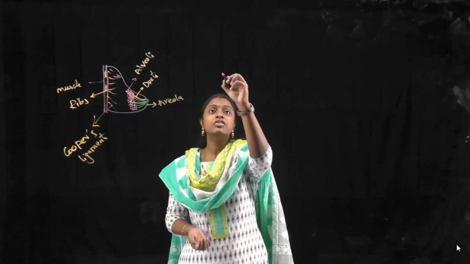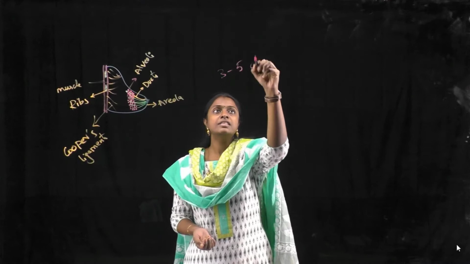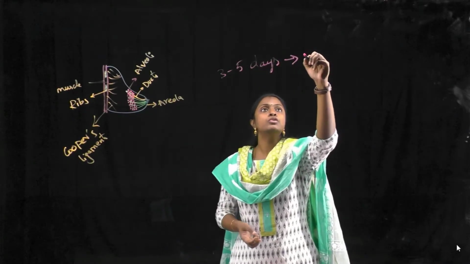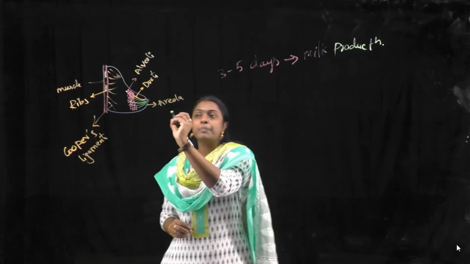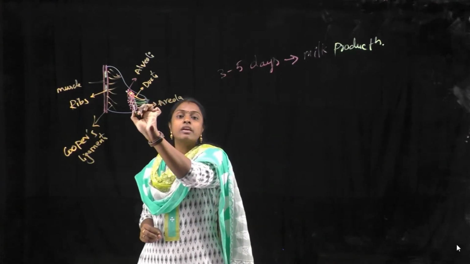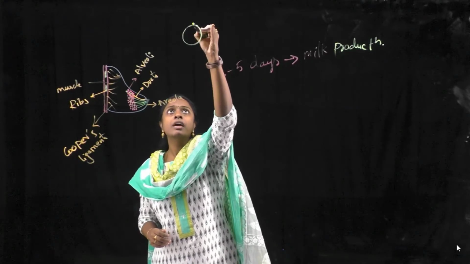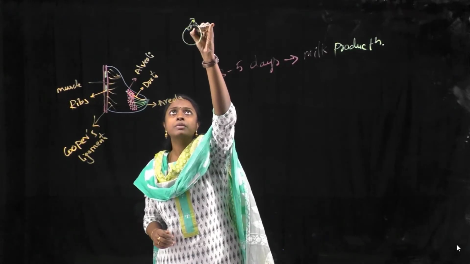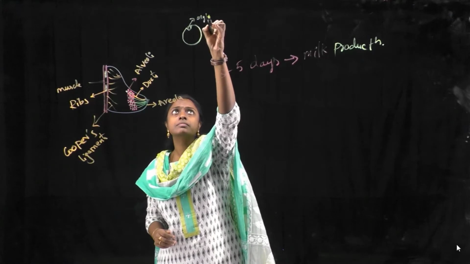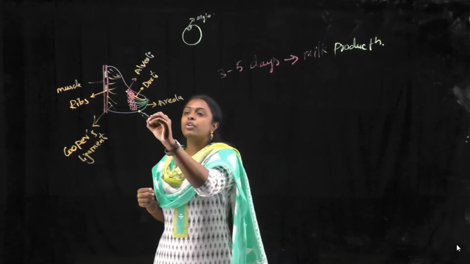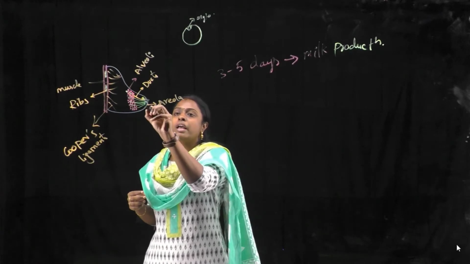But after 3 to 5 days, milk will start to be produced. You will have some receptors in this alveoli. Okay, think this is the alveoli. In this alveoli, you have receptors of oxytocin that will stimulate the neurons in this alveoli and around this areola.